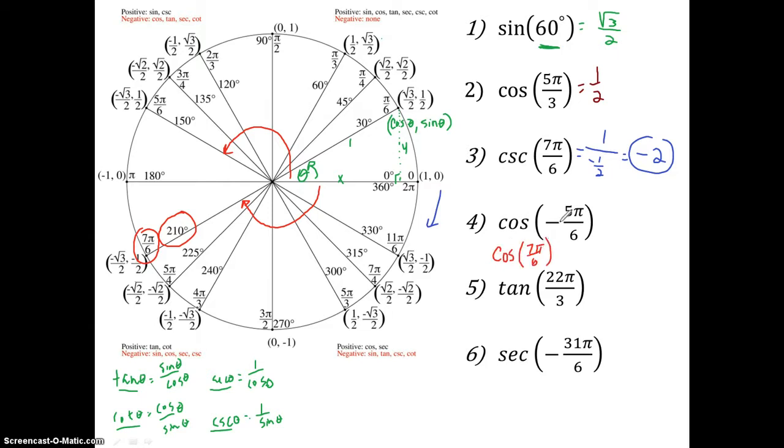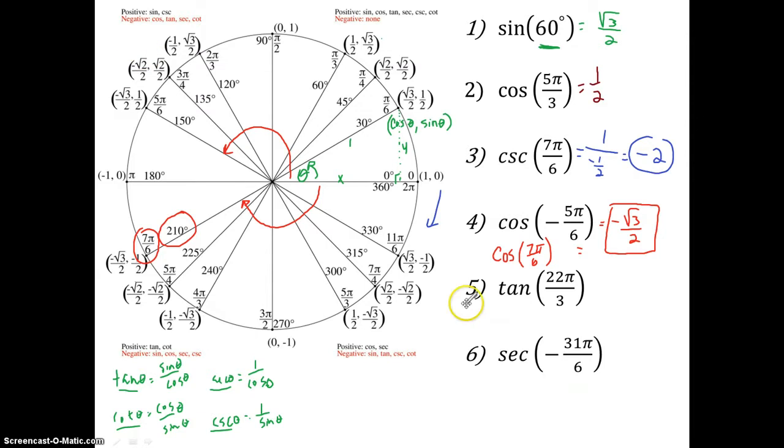This is going to be the same value as cosine of 7 pi over 6 because these two angles are coterminal. So we're going to end up with the cosine, which is the x-coordinate, which is negative root 3 over 2. Okay? And that's the answer.